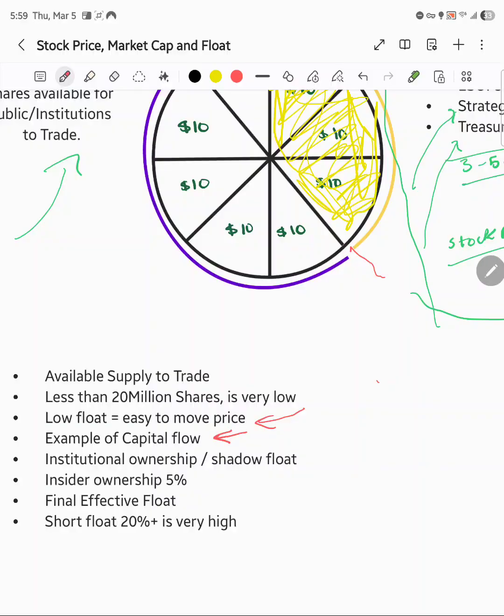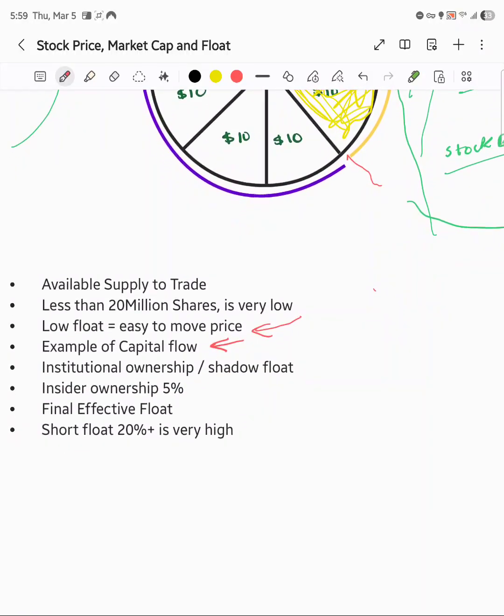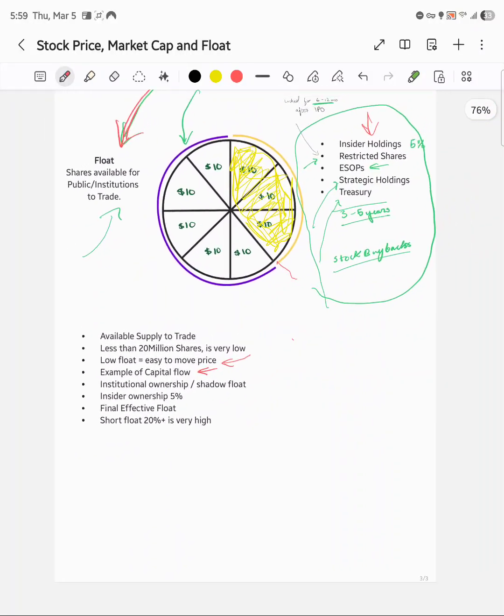So now consider every time there's low supply of stocks and it shrinks even more with lower and lower and lower float, that means it's easier and easier and easier to affect the price, okay?